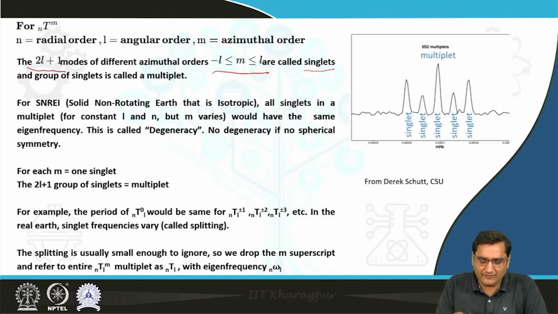So in the case of the solid, non-rotating Earth that is isotropic in nature, all singlets in a multiplet would have the same eigenfrequency.